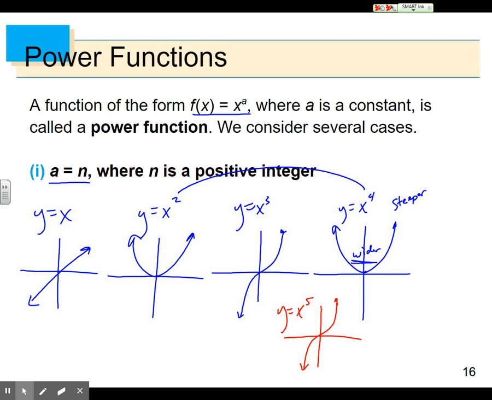The sides are going to be steeper, and everything between -1 and 1 is going to be stretched out a little bit more. This was just a really lazy snake on a plane, but everything that has an odd power is going to follow it.